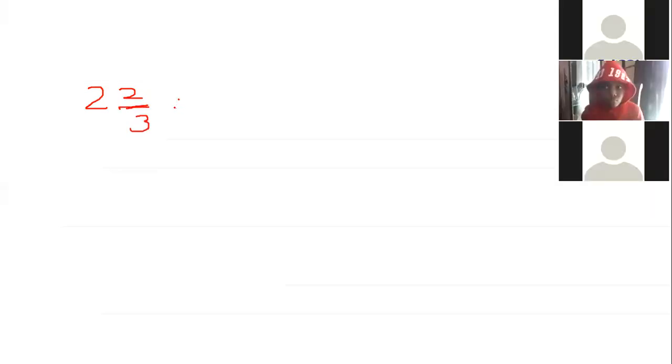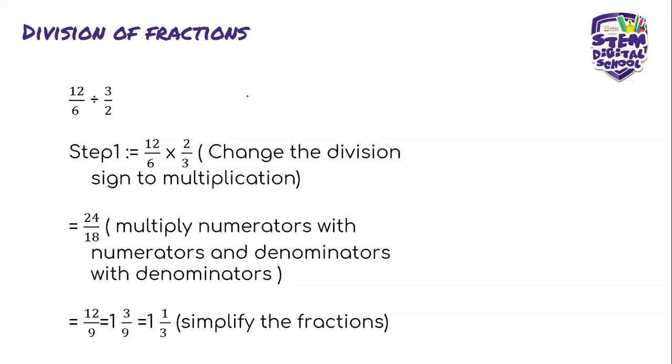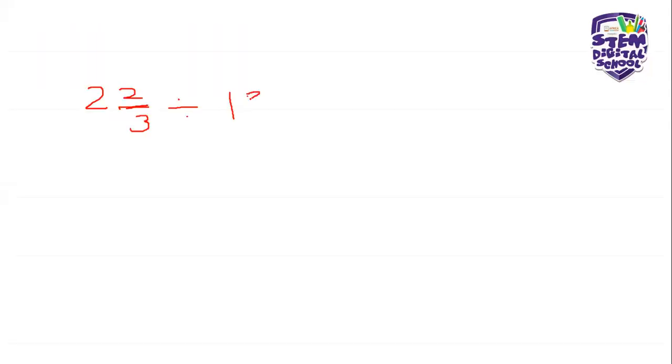So, I have, hypothetically, 2 mixed, 2 over 3 divided by 1, what's this? 1, 2 over 4.